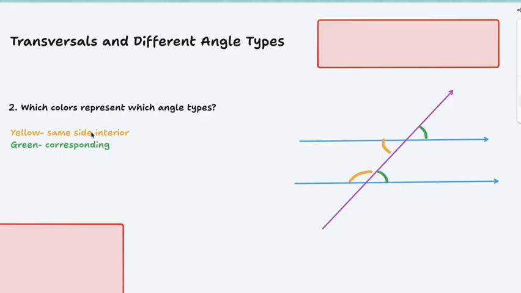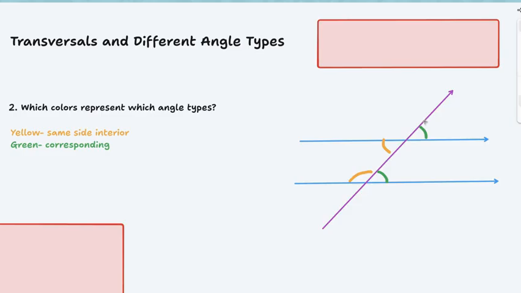So the answers were that the yellow angles showed same side interior angles. This is because they are on the same side. Both of them are on this side, and they are both on the interior of the parallel lines. And the green angles showed a corresponding angle pair because they both have the same pattern.